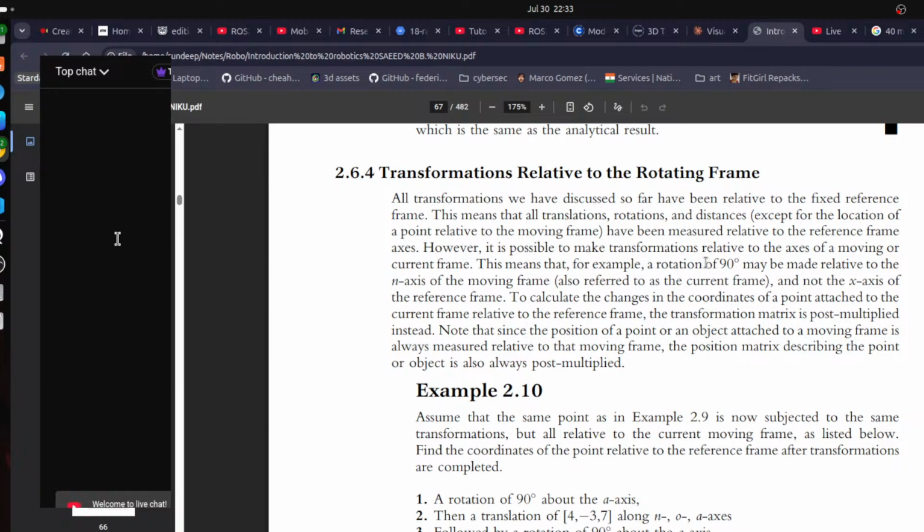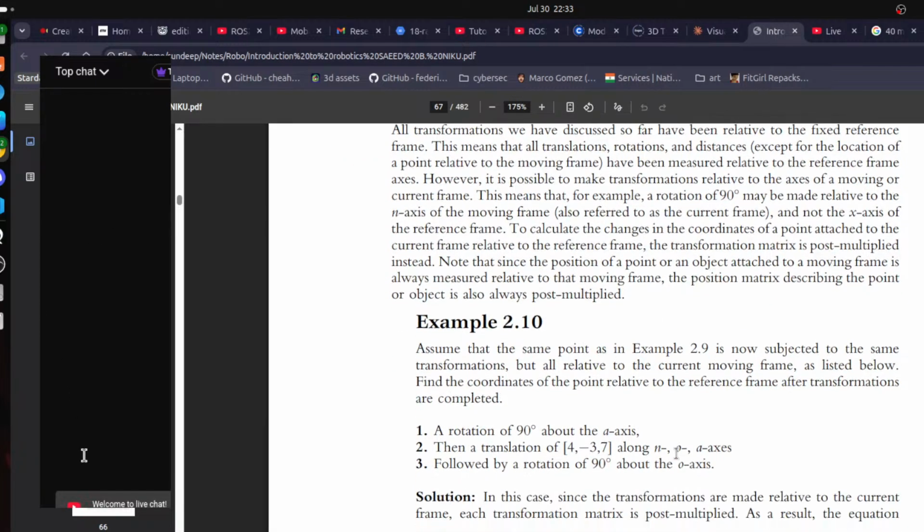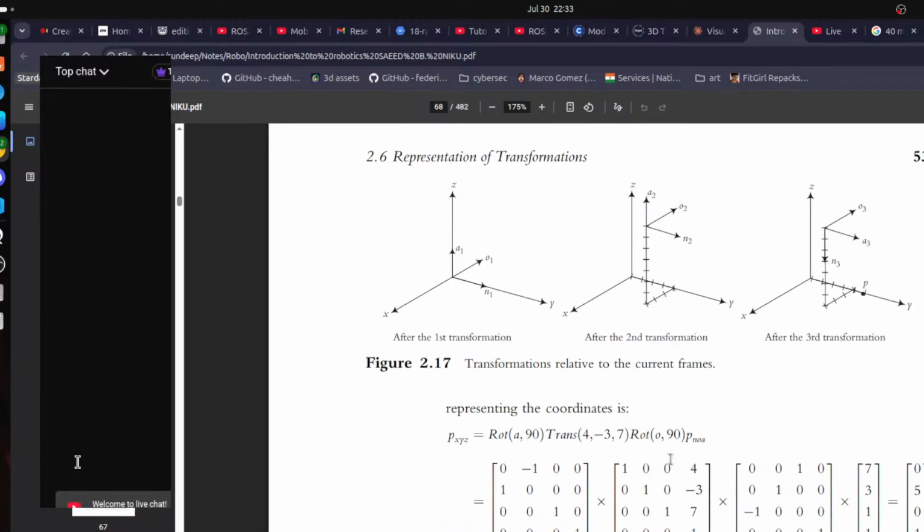It's not something that I can or will show you, but it's pretty fun. Basically, instead of pre-multiplying the matrices, you just post-multiply them. That's it.